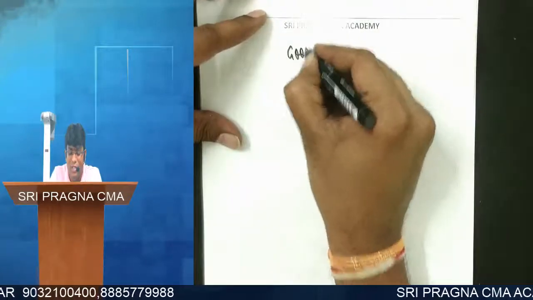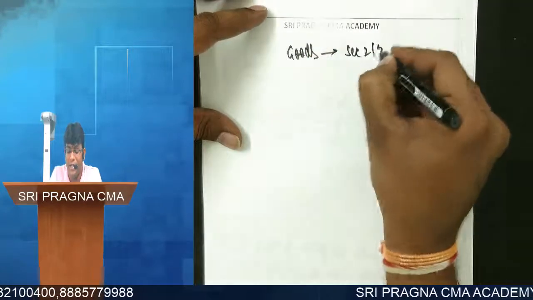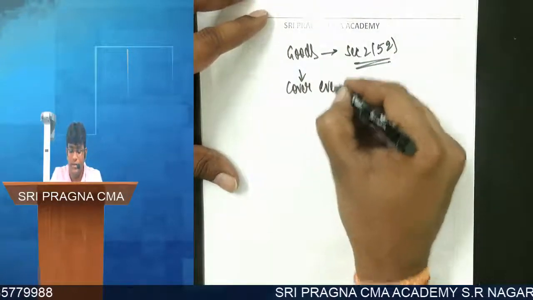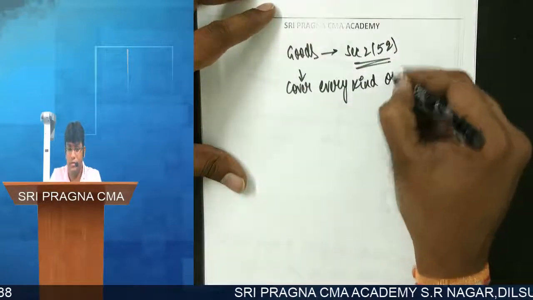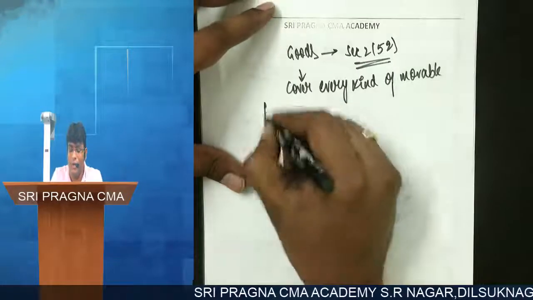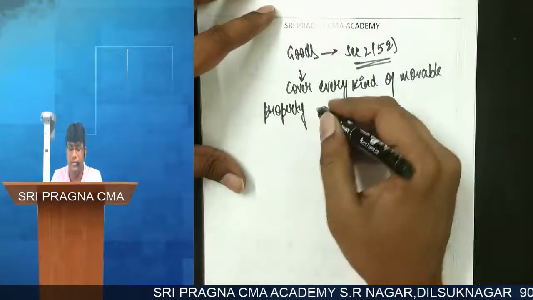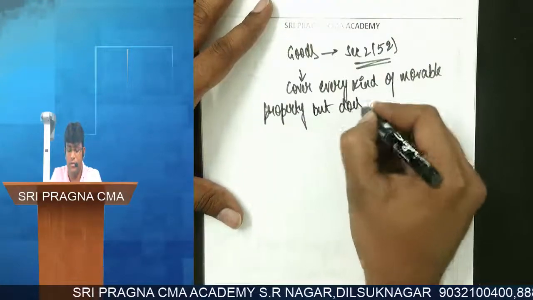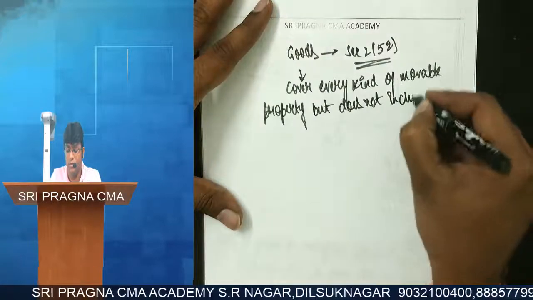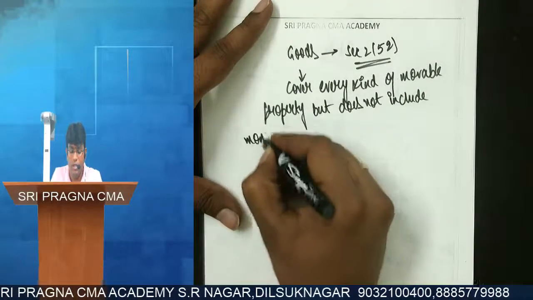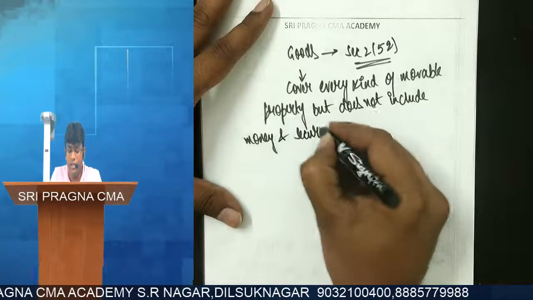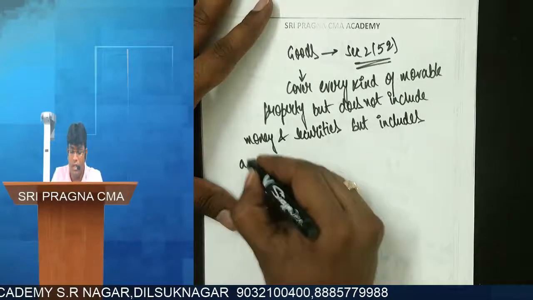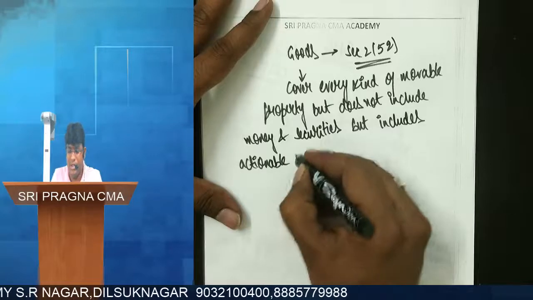So let me tell you, this word goods is defined by section 2(52), which specifies that goods cover every kind of movable property, but does not include money, but includes actionable claims.